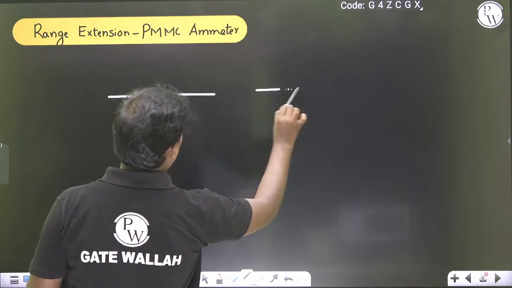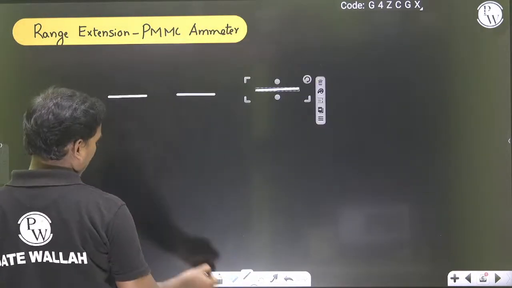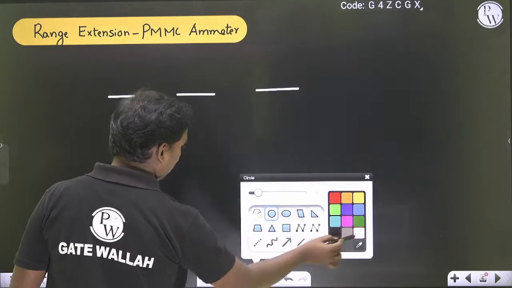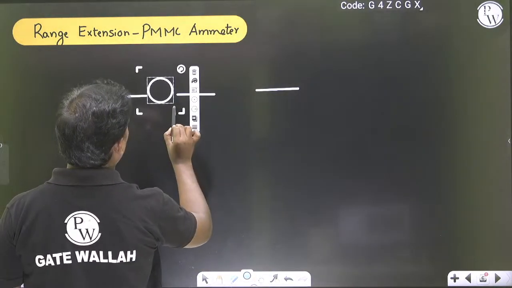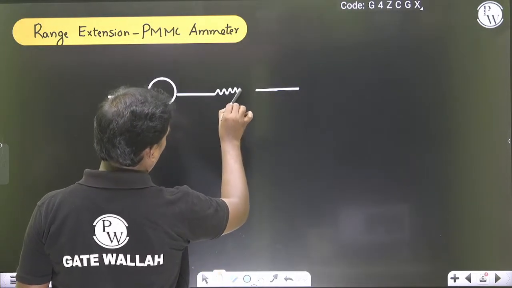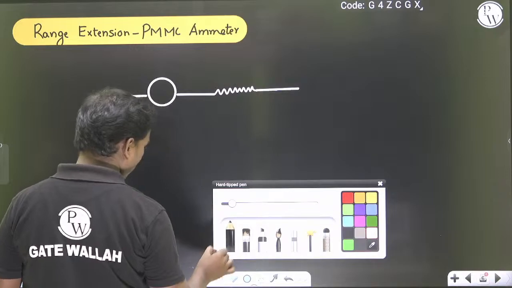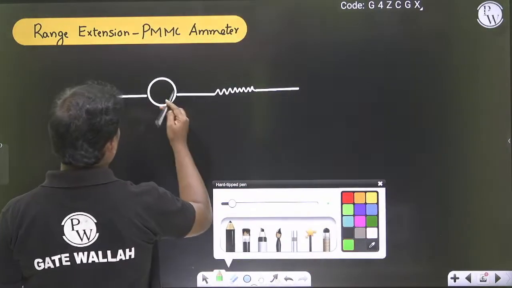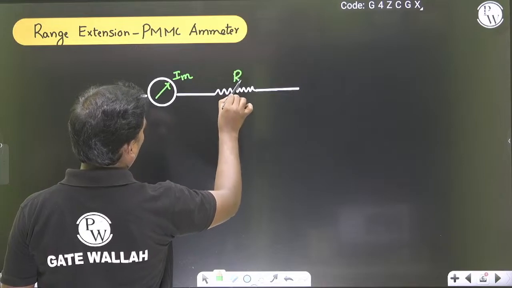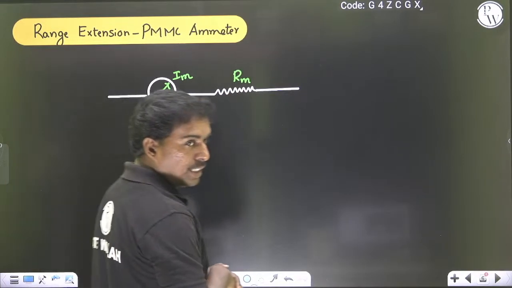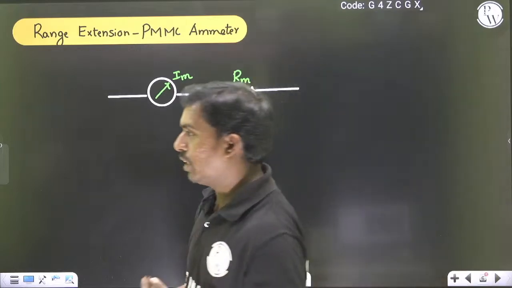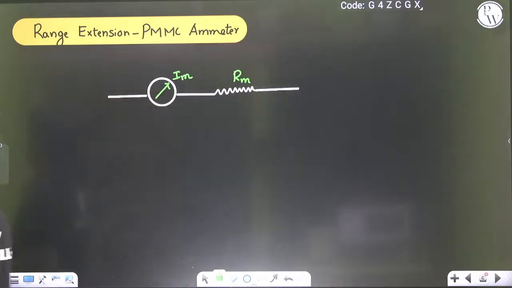This is IM and this is RM, a basic representation of the PMMC. If you want to extend the range, we need to attach a shunt resistor.